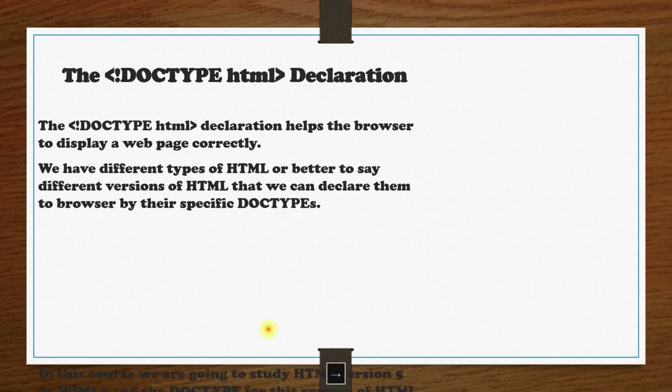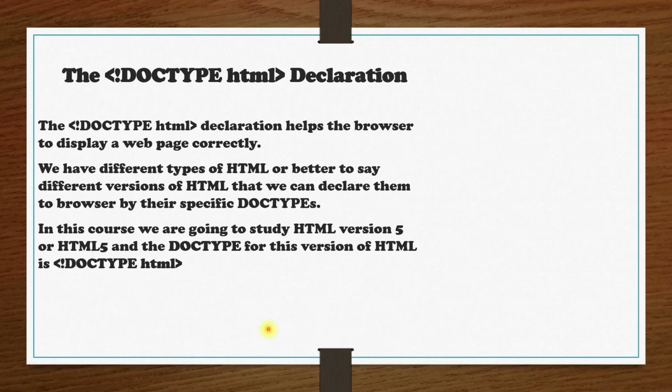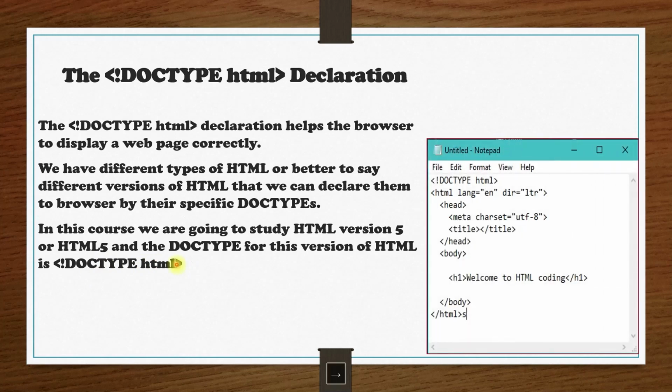Okay, in this course we are going to study HTML version 5, or HTML5, and the Doctype for HTML version 5 is this one. First, you open the angle bracket, then you use an exclamation mark, and then you write Doctype. But this Doctype should always be what? Capital letters. And then you write html with small letters, and then you close the angle bracket. There is an example.